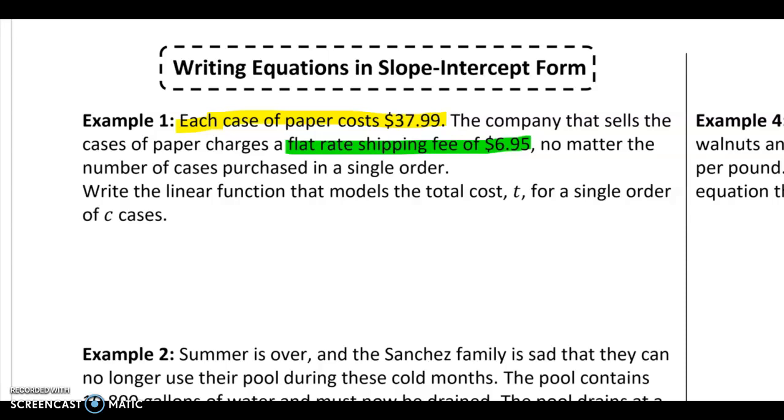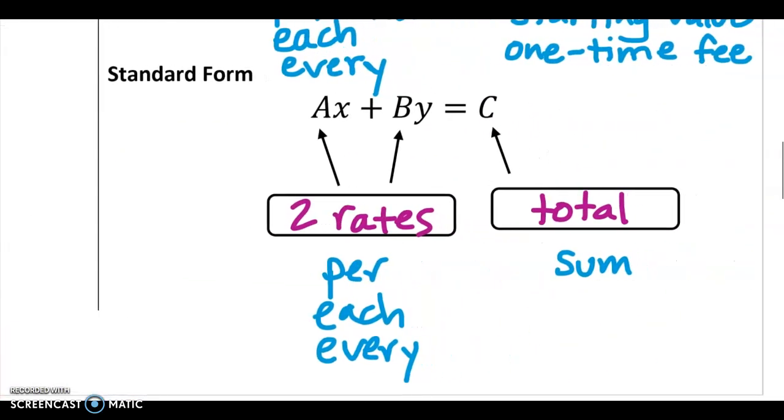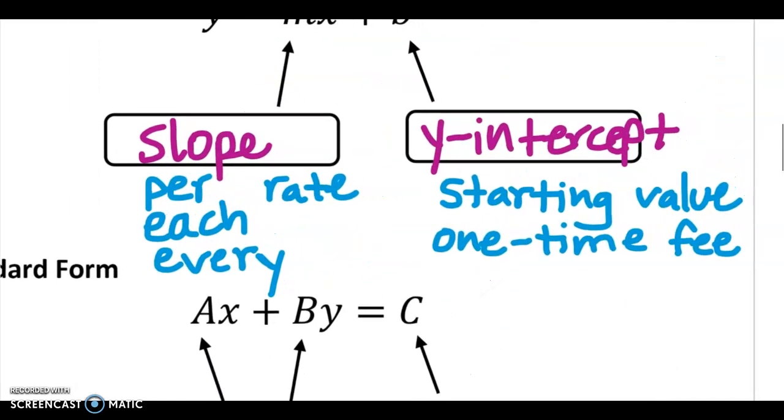So if we go back, we saw these words somewhere, each and flat rate. So go back up here, right there. One-time fee, okay, let's add that. Turns out we didn't have it on there to begin with, did we? So let's go up here and we're going to add flat rate. You're only paying it one time.